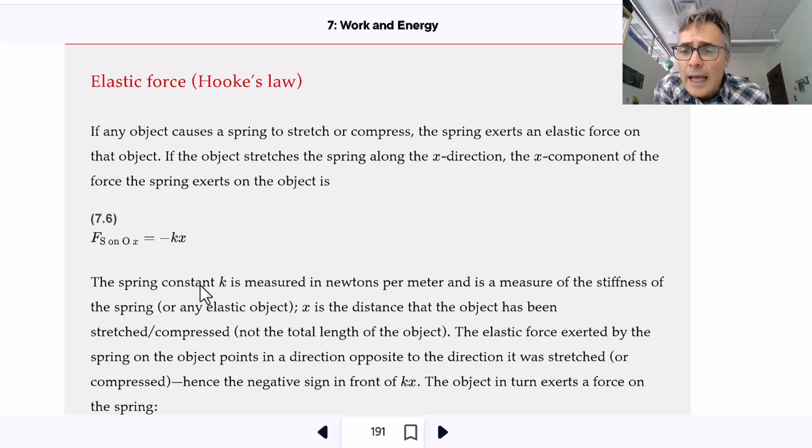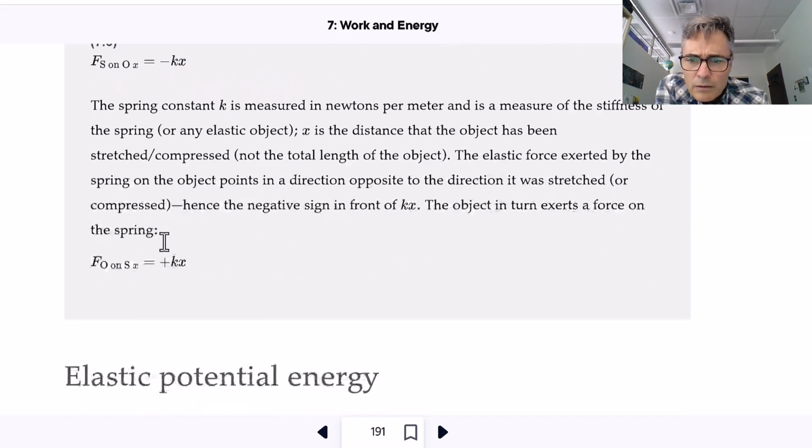And x is how much you have stretched the spring beyond its equilibrium length, so x is in meters. The negative sign tells you that if you stretch a spring by pulling it in the plus x direction, the force is in the negative x direction. If you compress it in the negative x direction, the force is in the plus direction. It's a pushing force.